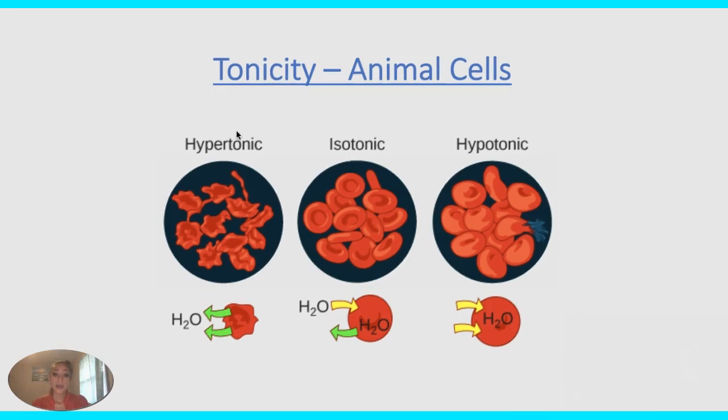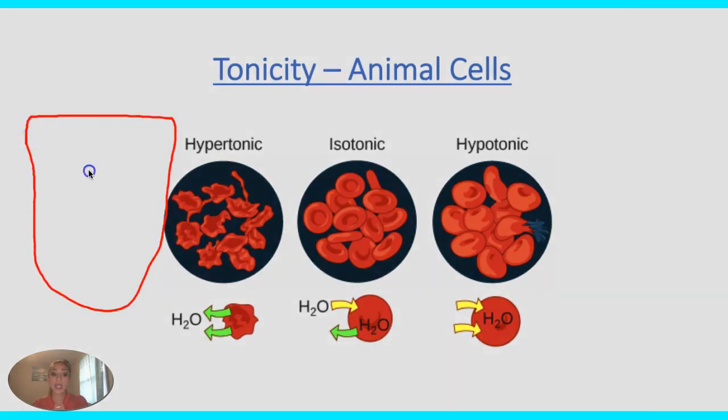So tonicity, right? This is what's happening when we put these red blood cells into a hypertonic environment. Hypertonic means that the solute concentration outside of the cell is greater than inside of the cell. So for this example, let's say this is a beaker and this is my red blood cell right here. We're just going to look at one of these.